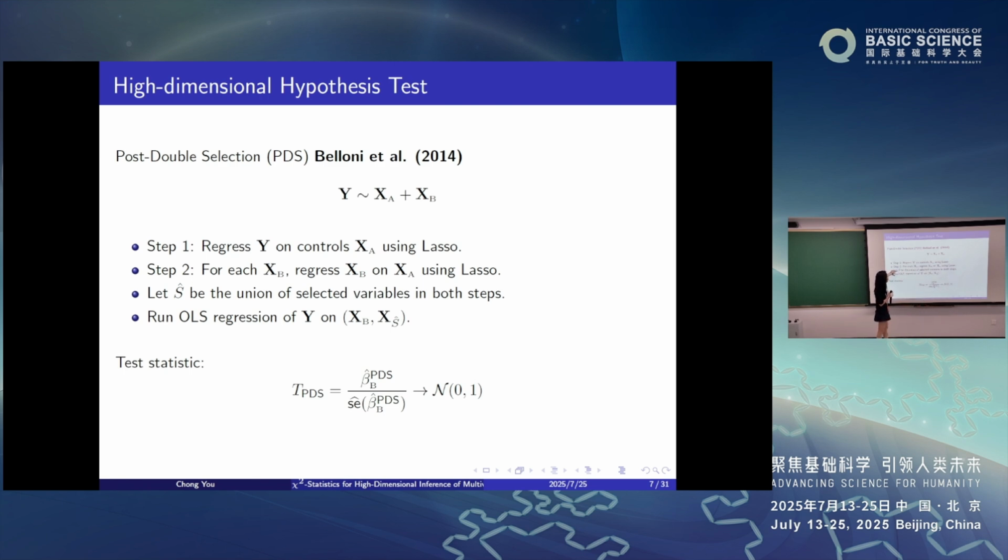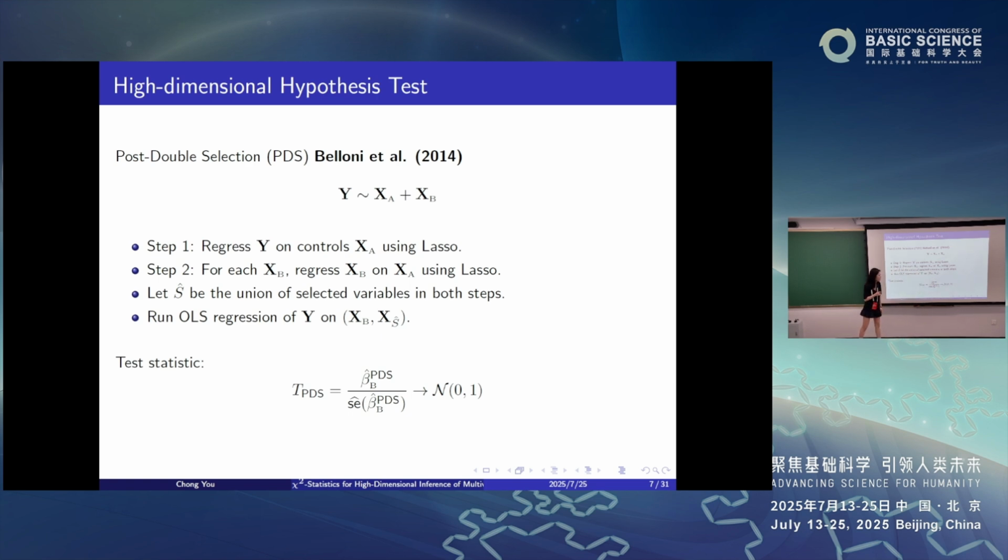Then you take the union of those selected variables. Those two-step selections ensure that we don't omit any confounders in XA, and then we do the least square regression of Y using those. Because XB remains the same, but this one is actually a subset of XA, it reduces from a high dimension to a lower dimension. Then you can use the standard method.